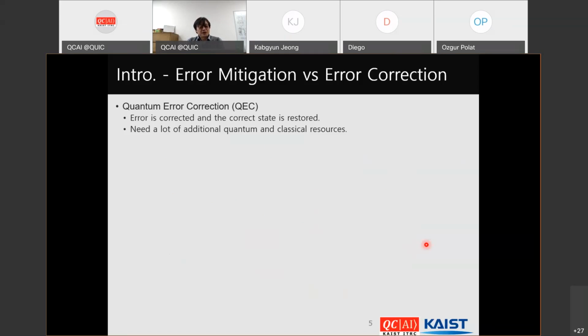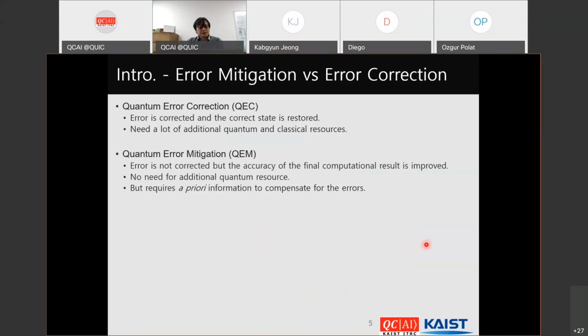So instead of doing this complex thing, we can also consider error mitigation. That means we don't understand the nature of error completely. However, what we can do is know the pattern of error. So we can try to partially fix the error with the pattern, right? This is the basic objective of our work.